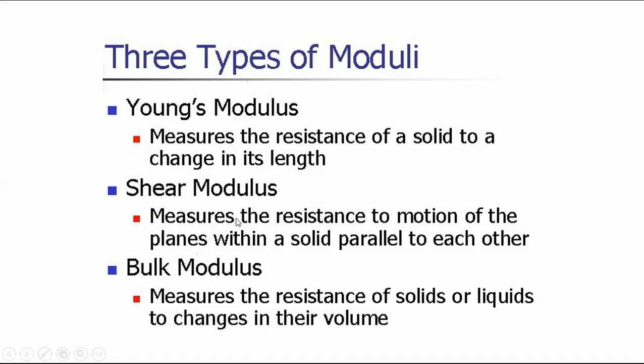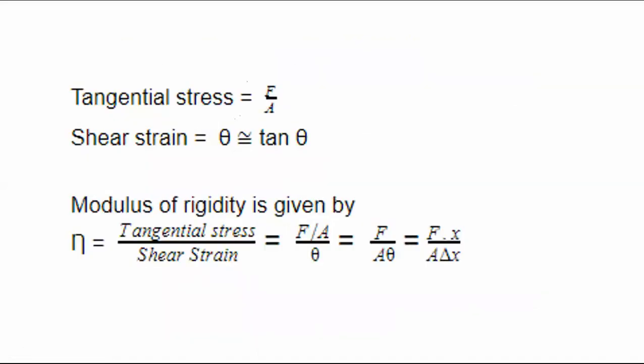Whereas shear modulus is useful for measuring the resistance to the motion of the planes within a solid parallel to each other. In the coming slides, you can see here itself. Let us say, I will draw one figure.